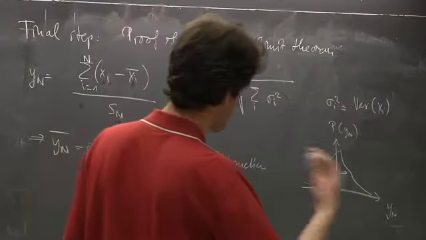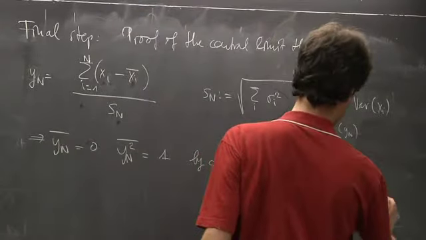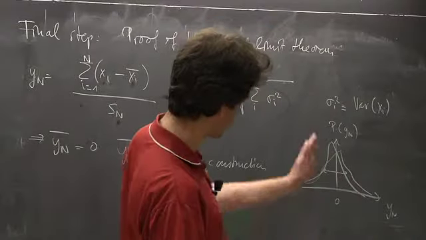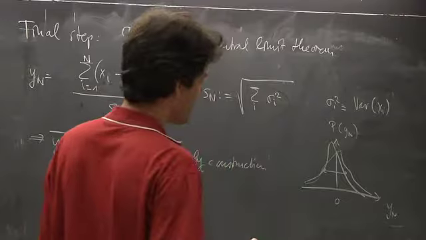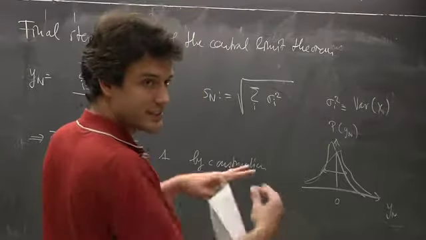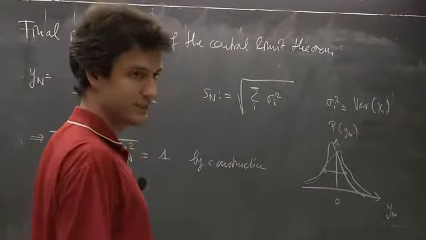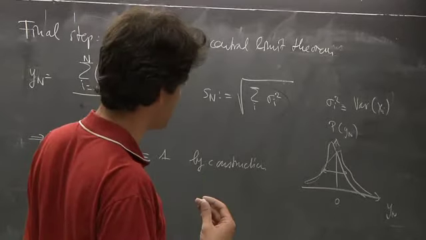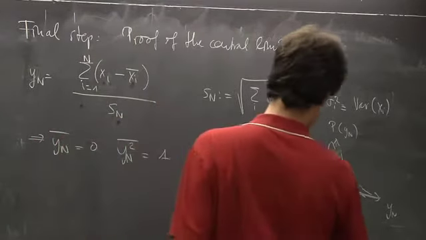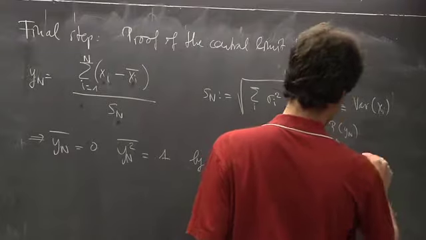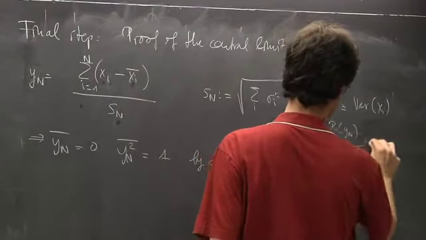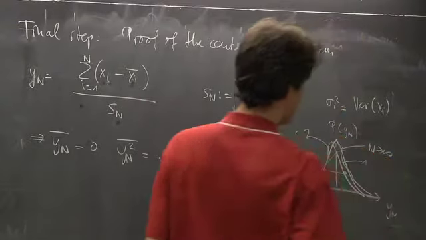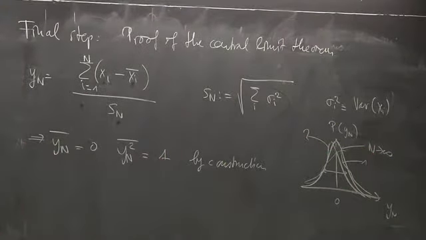Then I go to 2 and I see something else, another potato, but the potato is still centered at 0 and has width 1. Now the question is, if n goes to infinity, do these shapes do something universal? And the central limit theorem tells me, yes, these shapes become Gaussian. So this was 1, and this was 2, and this will be n going to infinity. And that's what we want to understand now.